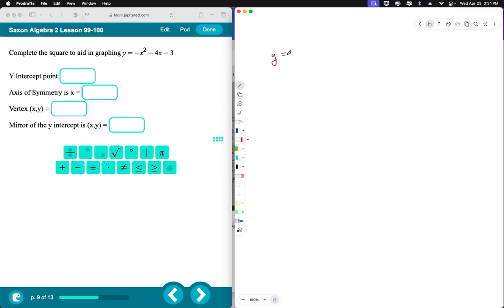So y is equal to negative x squared minus 4x minus 3. All right, right away, negative 3. So this is going to be 0, negative 3 for the y-intercept point. Now we can just go ahead and solve the rest of it. So I'm going to say y is equal to negative x squared minus 4x. Give myself a space, close the parenthesis, and put my negative 3 on the outside.